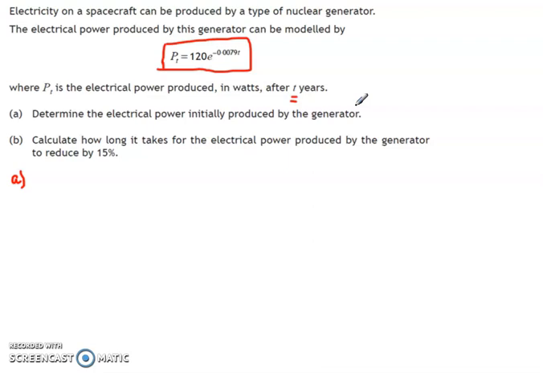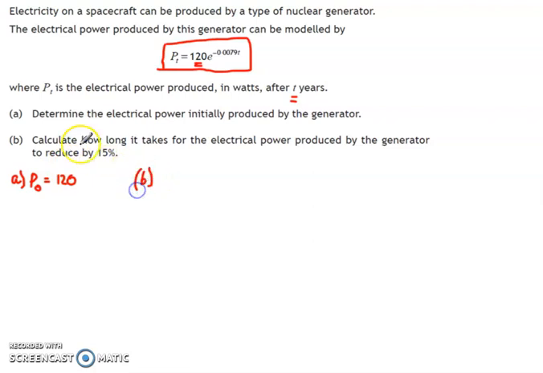Now this sort of thing here is great because with an exponential, if I put t equals 0 in here at the power, that's going to be number times 0, which is going to be 0, so it's going to be e to the power of 0, which means all I'm left with is that there. So what I can simply say is that P(0), our initial power, is equal to 120 watts. So there you go, that's part A answered in one go.